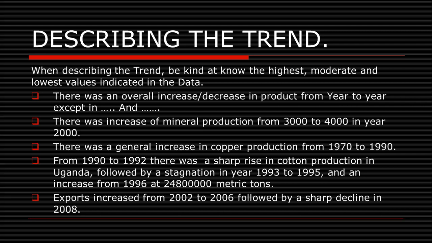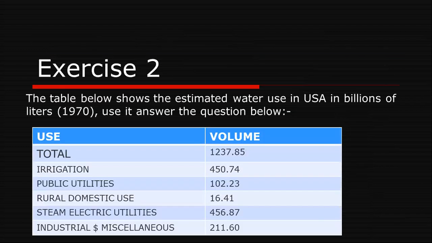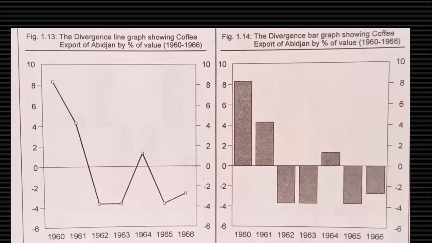1993 to 90. For example, let me use this graph. When I look at this graph, already we have the highest. The fluctuation was moving positively, and it scored in 1960 to 8 point something. But you see that it went on moving downwards to the negative. So this is a sharp decrease.